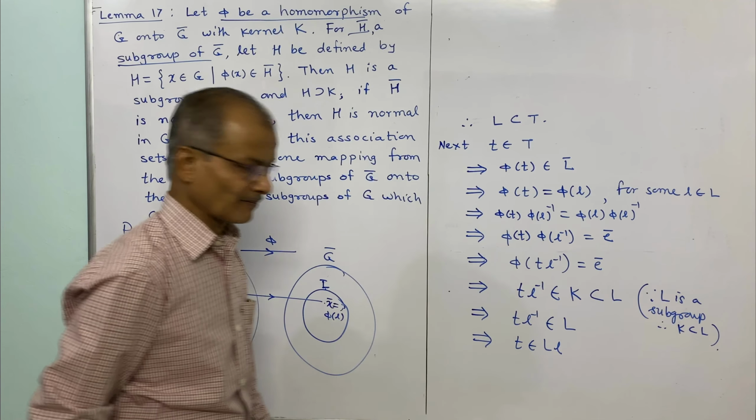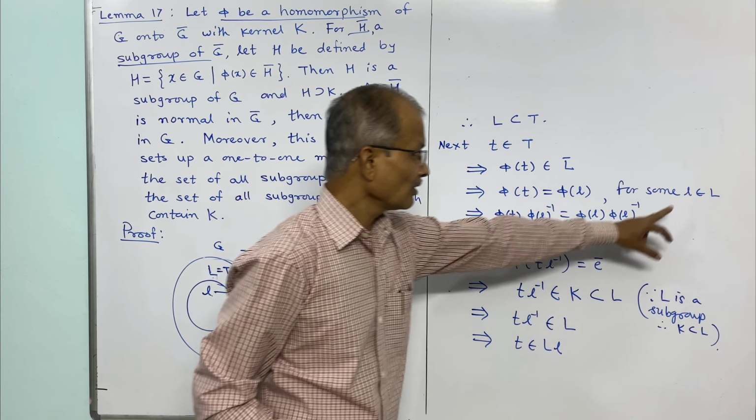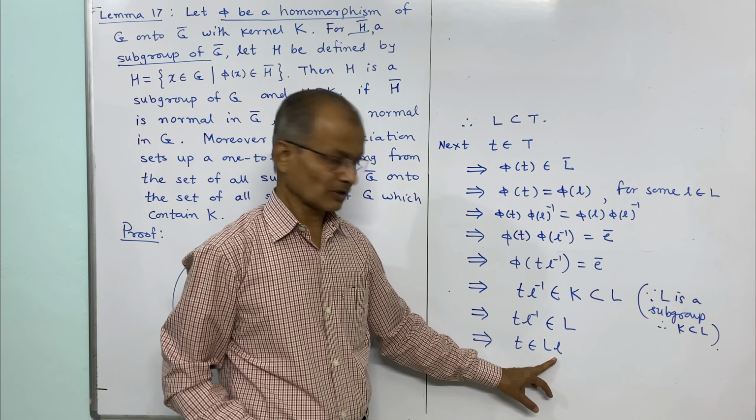Multiply both sides by l. But l is in L, and therefore l into L is again L by closure property.